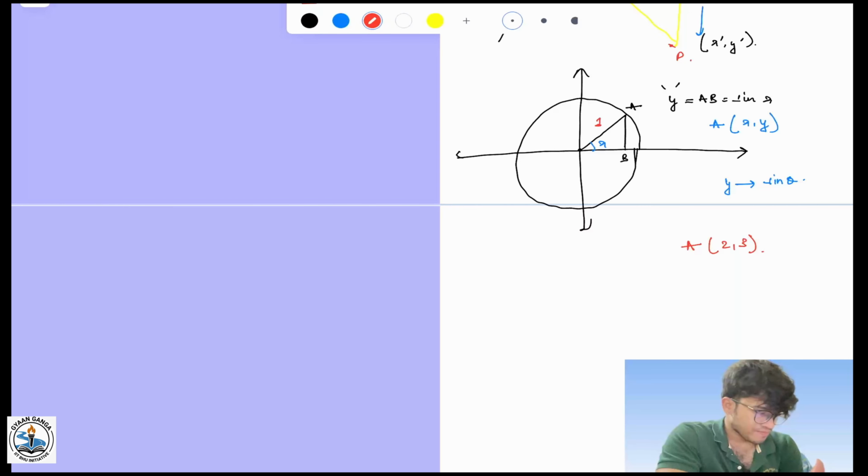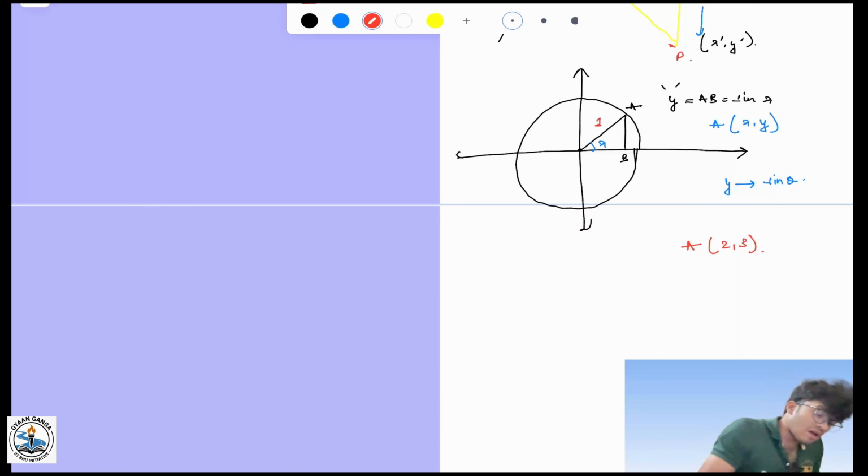Anyways, what I want to say is that if A is demarcated by the points 2 and 3, then sine x is equal to 3. Later we will see that cos x is equal to 2, and tan x is simply the ratio of the two, which is 3/2.